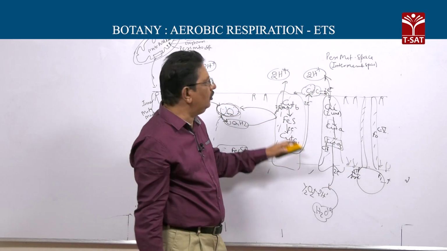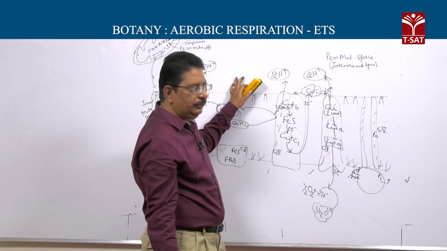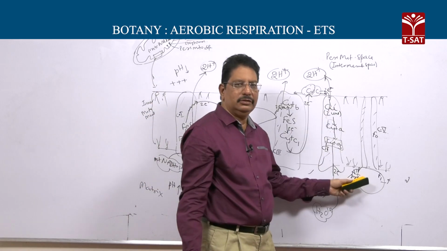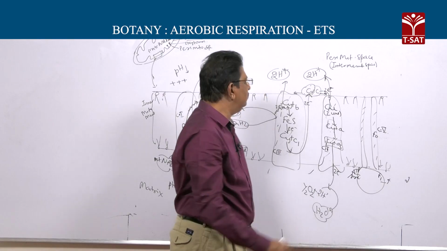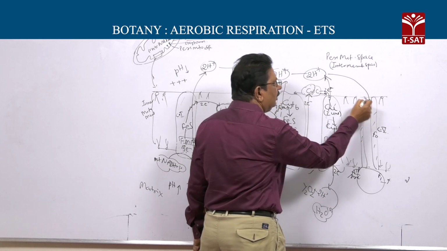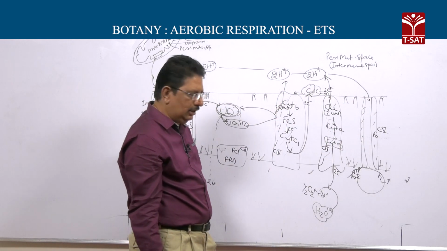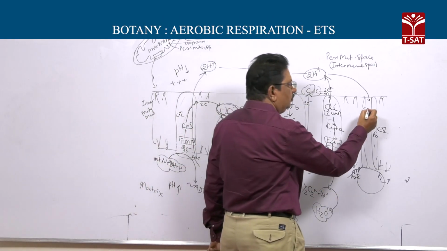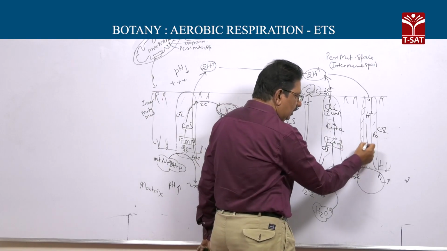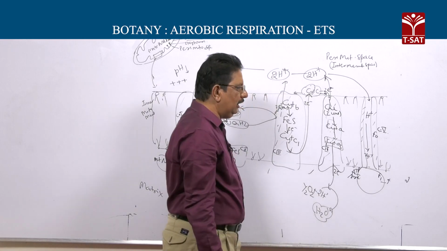So, the return flow of protons from the perimitochondrial space to the matrix requires a complex, that is complex 5. So, these protons, whatever accumulated in the intermembrane space, according to their concentration gradient now move through complex 5. So, complex 5 has channels like F0.